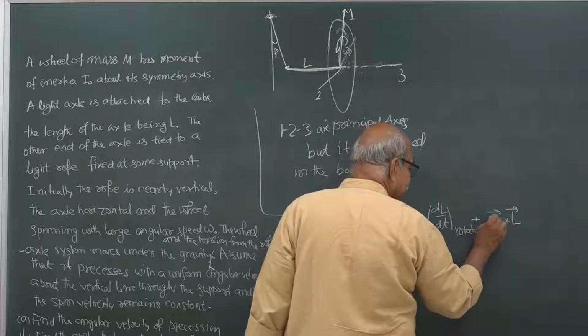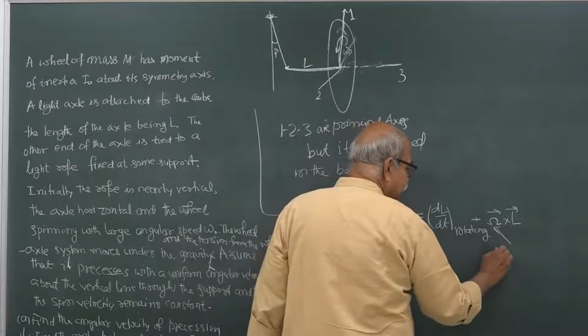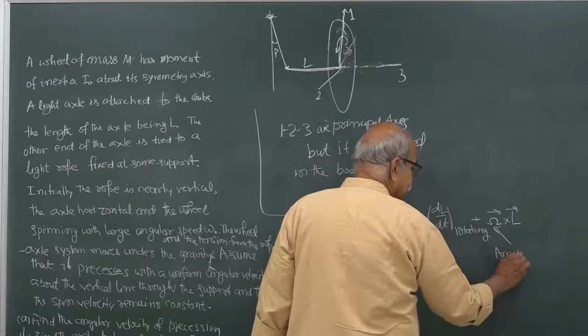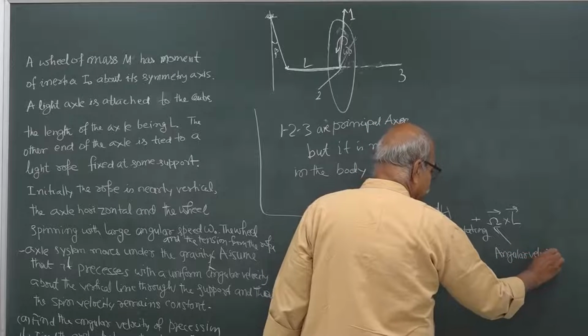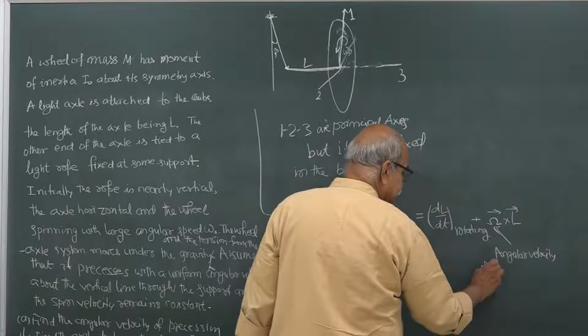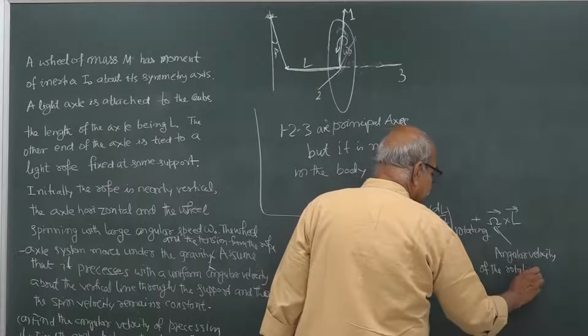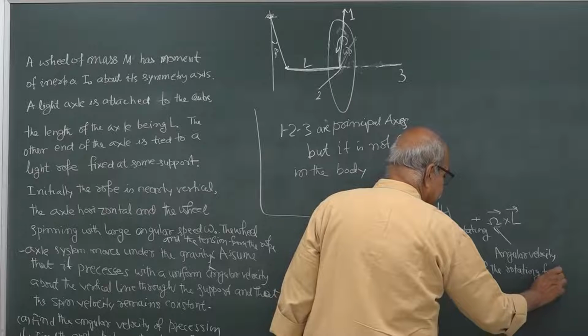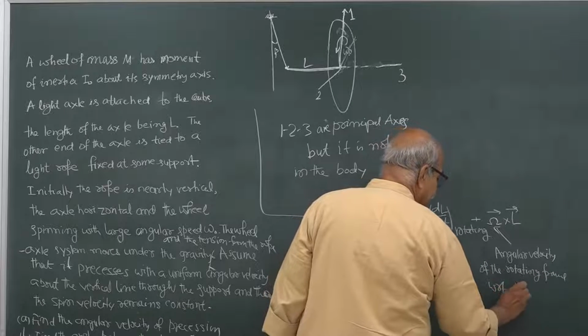So, let me use another symbol, capital omega. This is angular velocity of the frame, of this rotating frame, with respect to the inertial frame.